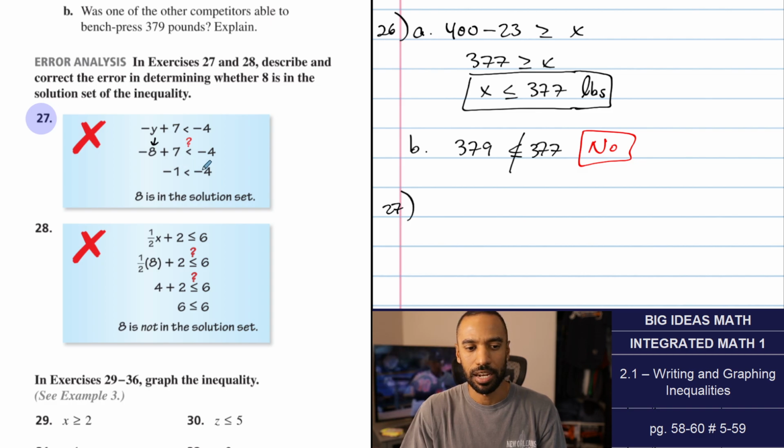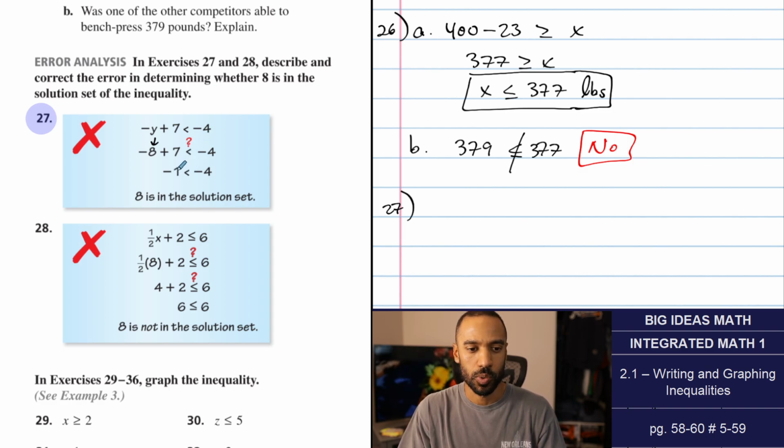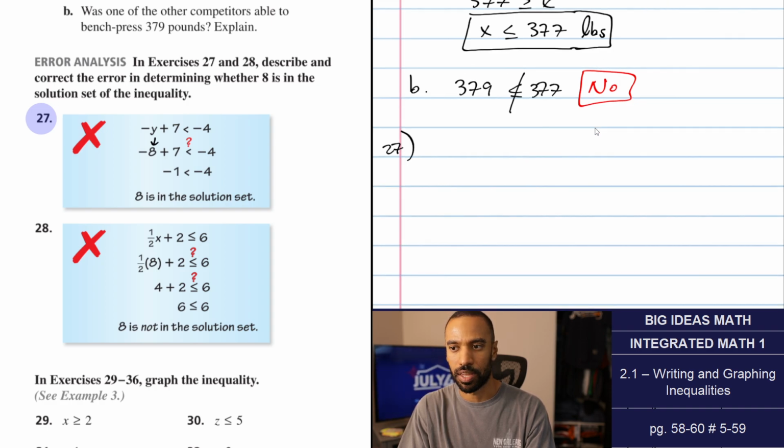Negative 1 less than negative 4 was their statement. By the way, they put a question mark, which is a good thing to do. Is it less than? I should be doing that. That's just a lot more work for me to write. Their final conclusion was that negative 1 is less than negative 4. That's not the case. It is not less than negative 4. So they said 8's in the solution set because of their conclusion, because of what they decided.